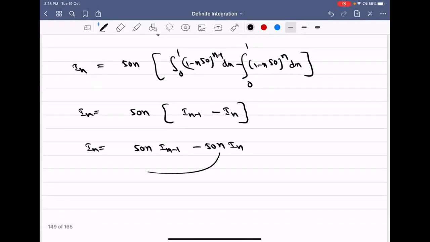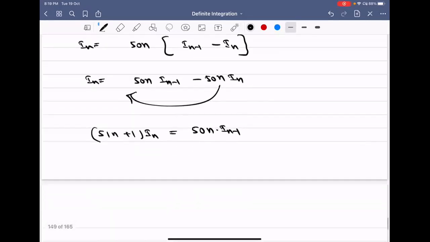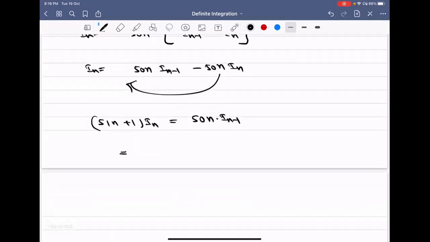Take 50n In to the left hand side, and it becomes 51n plus 1 into In, equal to 50n into I(n minus 1). So from here you get In over I(n minus 1) is equal to 50n over 51n plus 1. Call this number 1.